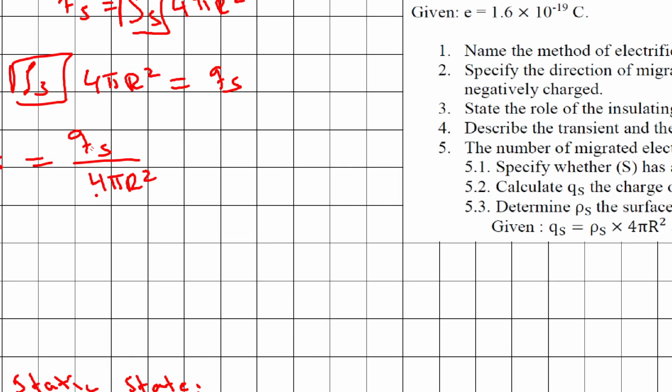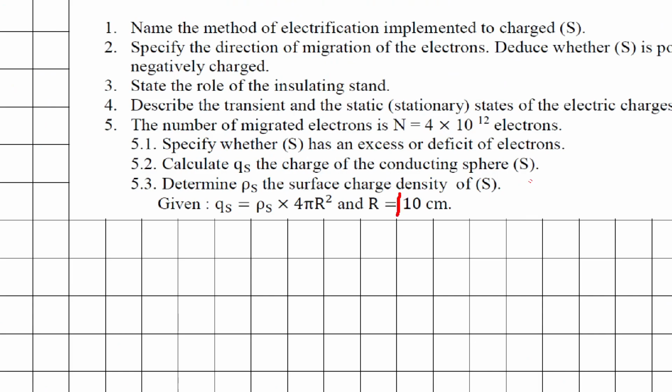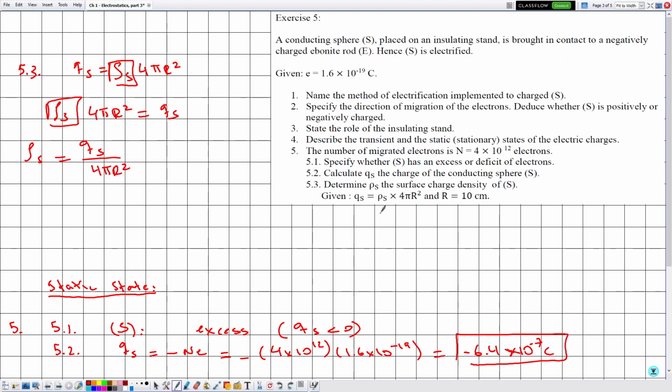Now the 4 is 4 and pi is pi. Now what about the value of r? R is 10 centimeters, and you know that centimeters is not the SI unit of length. Now c is 10 to the power minus 2, so between brackets we can say that r, which is 10 centimeters, can be written as 10 times 10 to the power minus 2 meters, which is 0.1 meters.